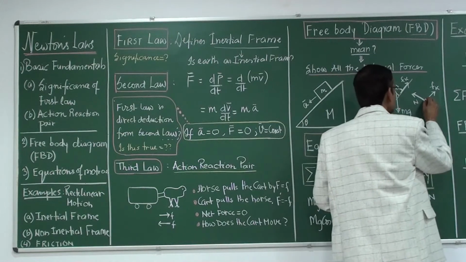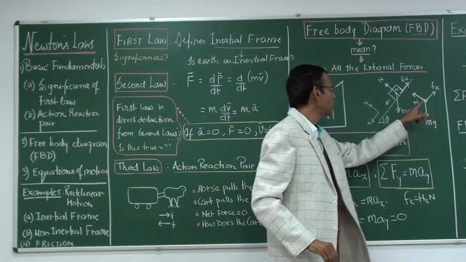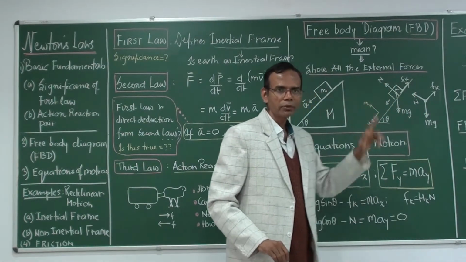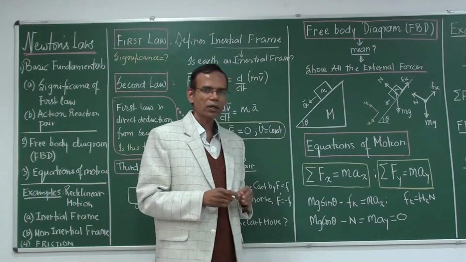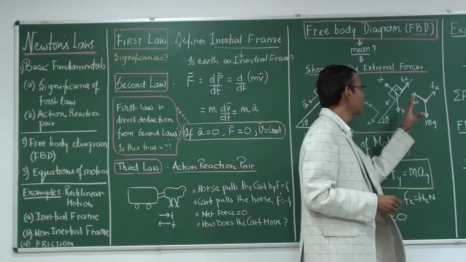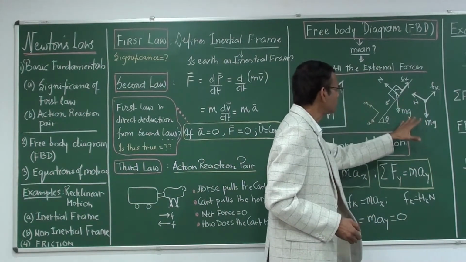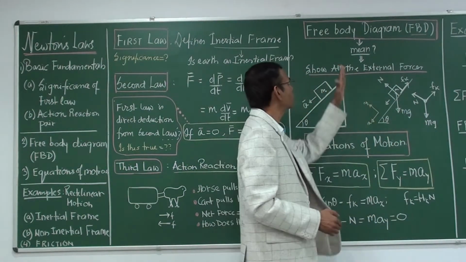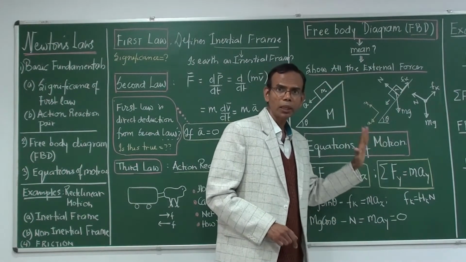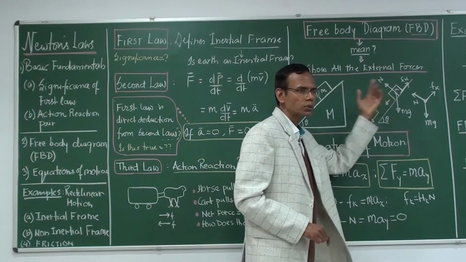This is the most correct way of drawing a free body diagram, by making a point mass. In Newton's laws, even the planets are considered as points, so no rotation or anything of that kind. You have shown all the forces, and that completes the free body diagram. That's all, you don't have to do anything else. The free body diagram is this, or you can do it the other way also.